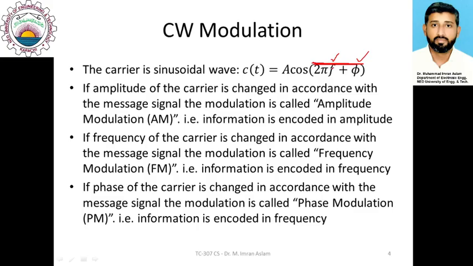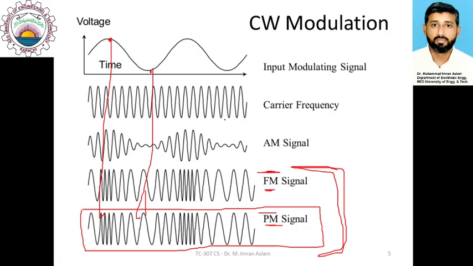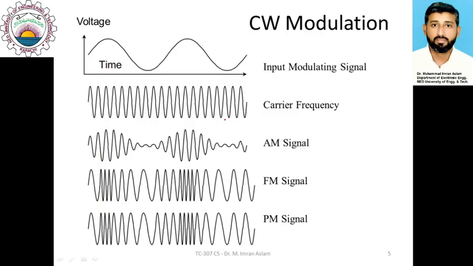So these two modulation schemes are closely related to each other, but the definition still holds, because we are defining on the basis of proportionality. So in frequency modulation, the frequency of the modulated wave is proportional to the amplitude of the message signal.